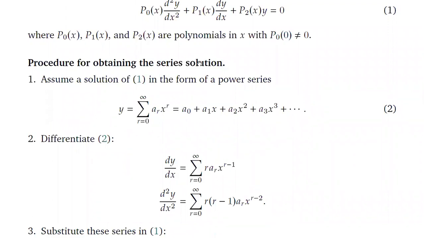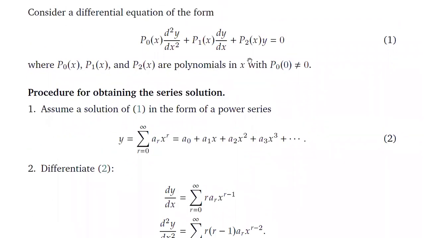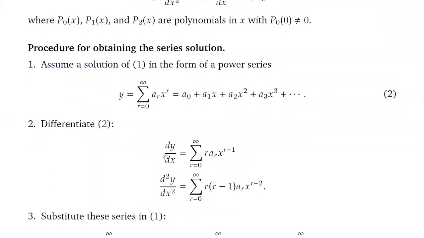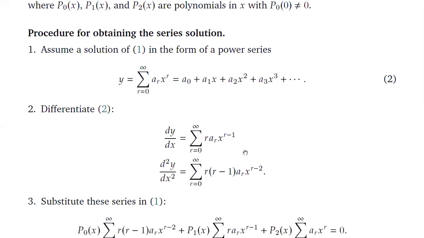Now if you differentiate this, because once you put the value of y here, what else do you need? You need to know the value of dy by dx and d square y by dx square. So dy by dx is nothing but summation r from 0 to infinity, ar is a constant here, differentiation of x power r is r into x power r minus 1.